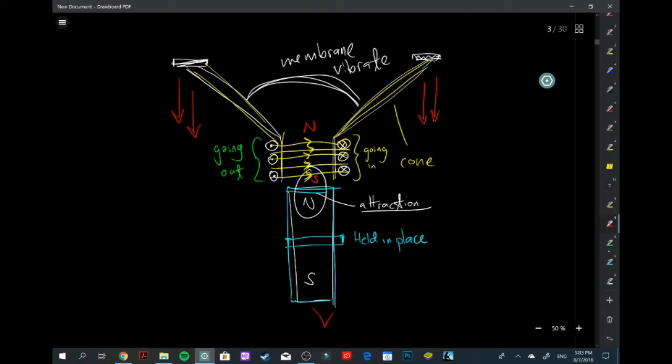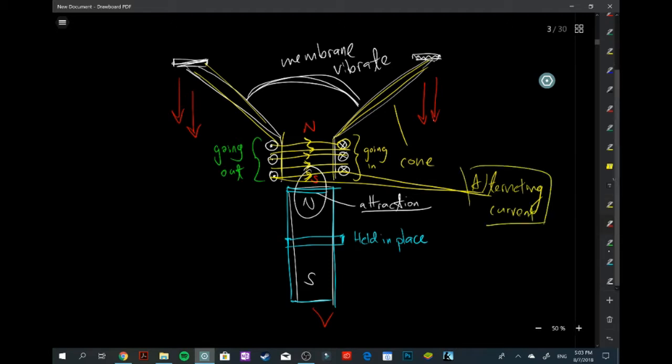So what's going to happen next is that this current here is actually alternating current. In other words, the direction of the current will change, and if the direction of the current changes, we know that the polarity here changes according to how the current changes direction.